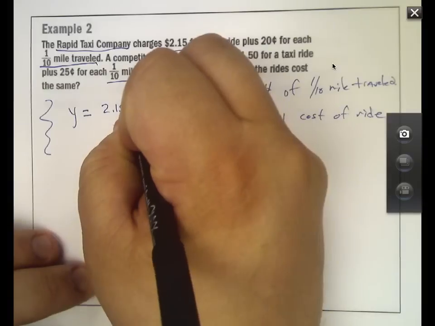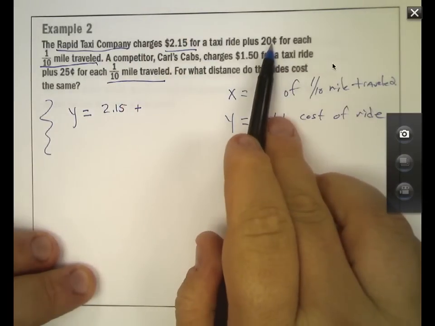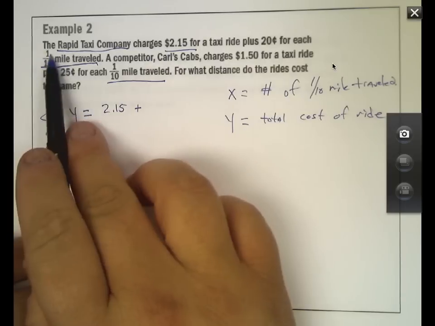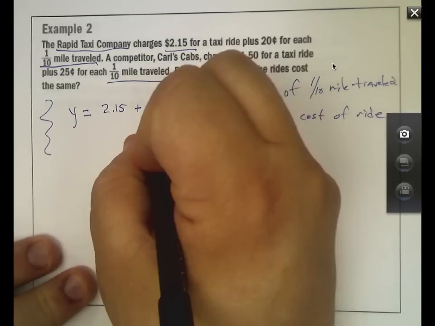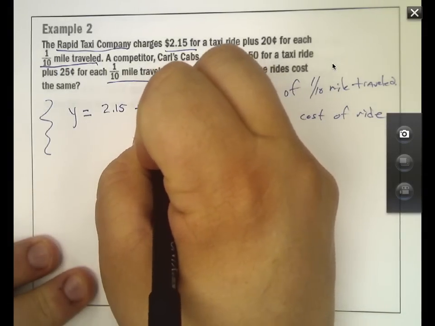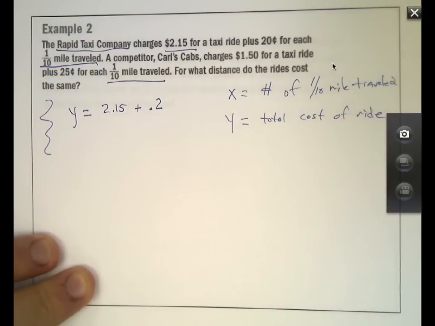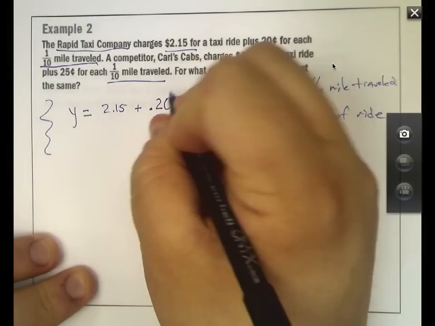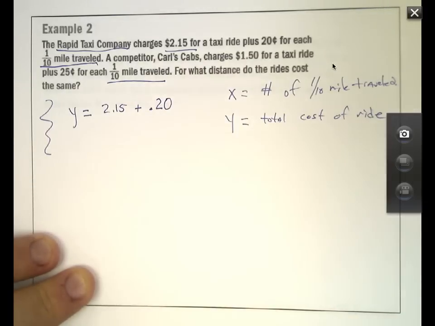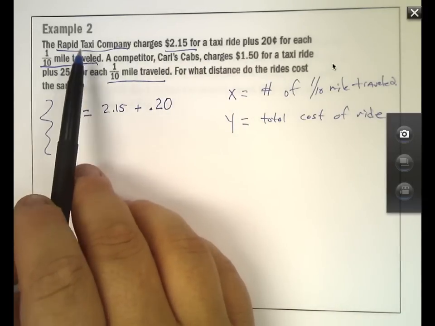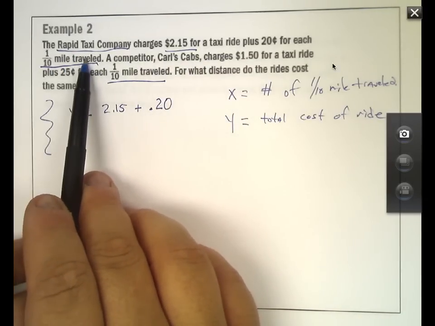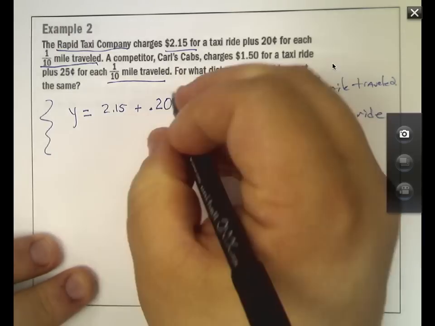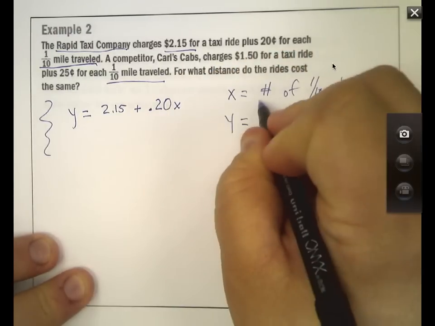Plus, he's going to add on 20 cents for each 1/10 mile. So 20 cents is 0.2, right? Or you could put the 0 on there, you wouldn't have to. And then times 1/10 mile traveled. Well, how many 1/10 miles did we travel? We don't know. That is our x.